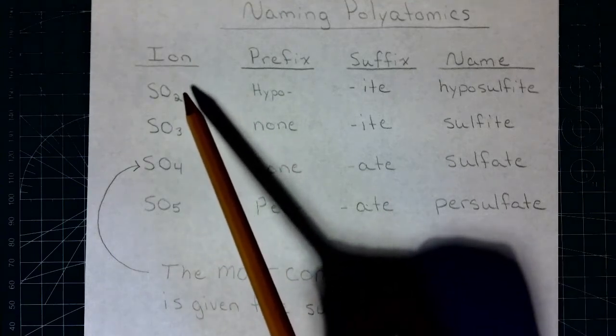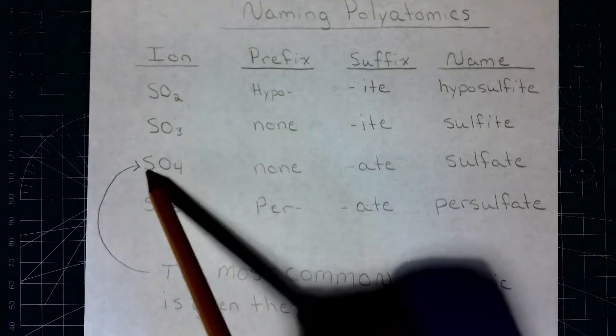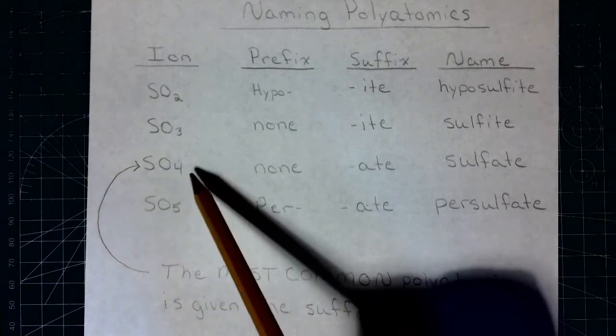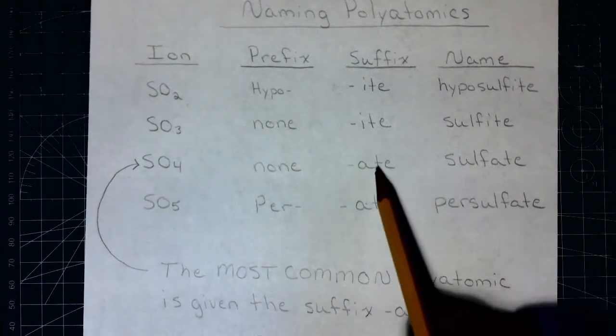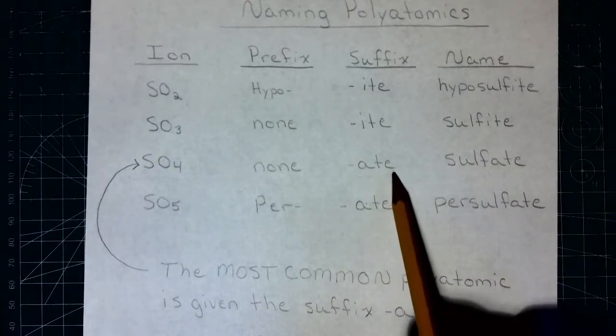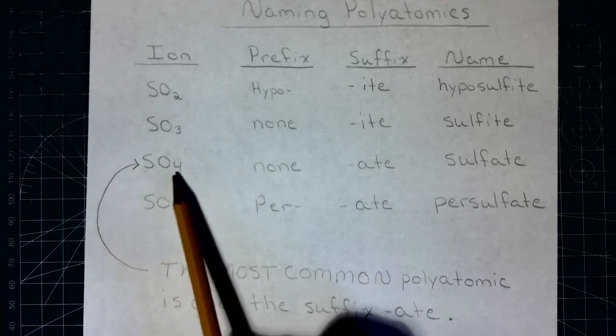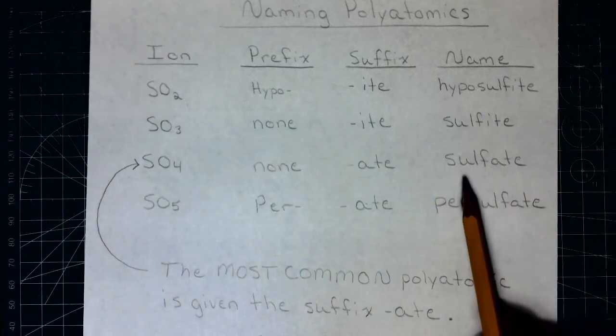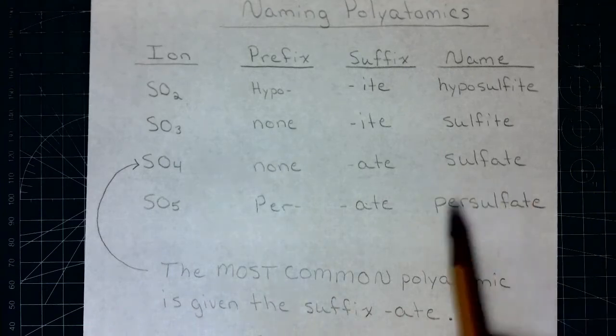And what they did is they chose the most common one, the one that they saw the most, and they started to give it the suffix -ate. So here's sulfur with 4 oxygens, and we call that sulfate.